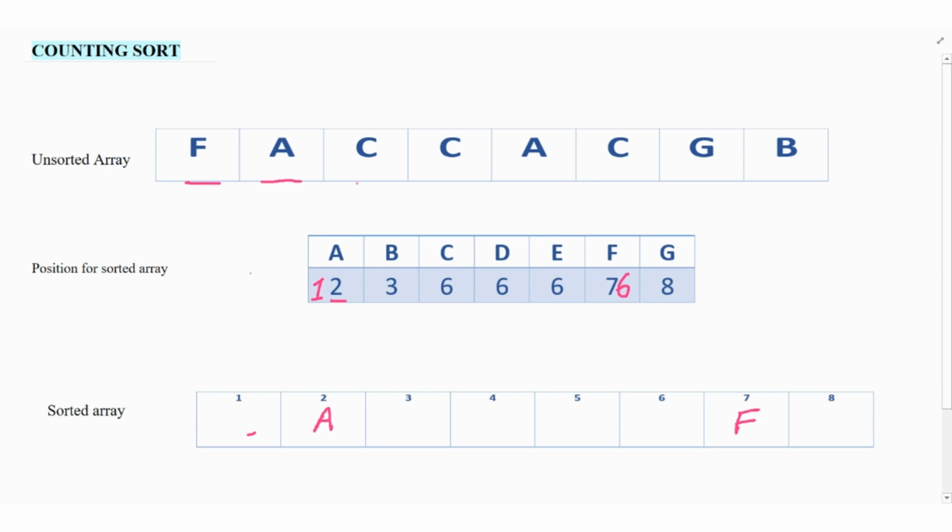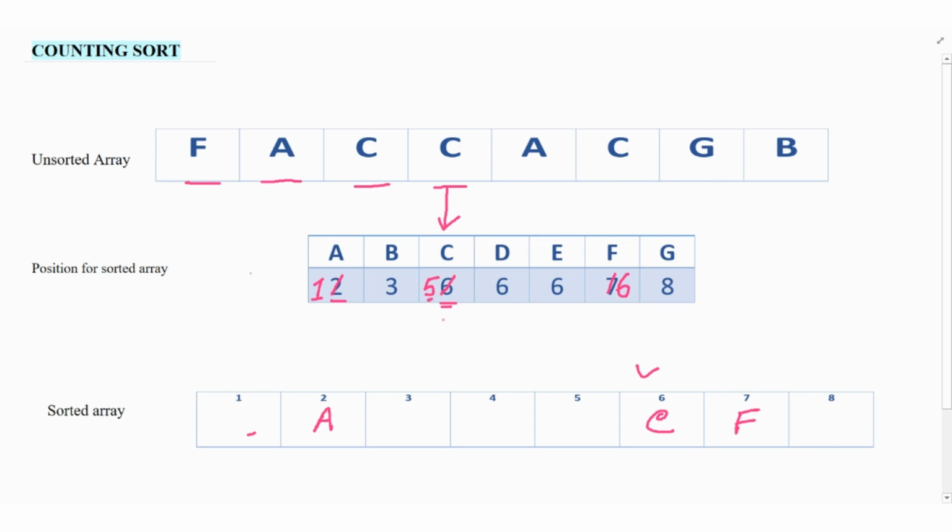Next element is C. We look for the position of C, and C will be placed at index 6. So we place C at position 6, and we decrease the position of C by 1, so we place here 5. The next element is C. We look for the position of C, and the position is 5.